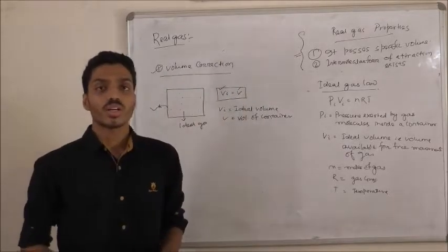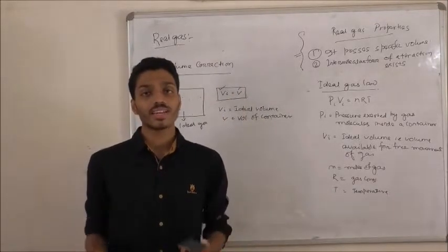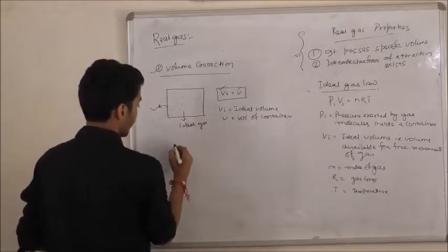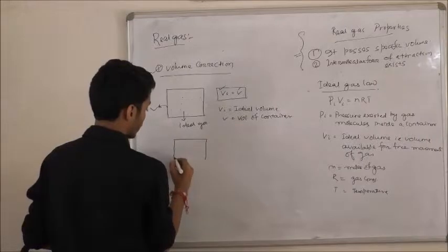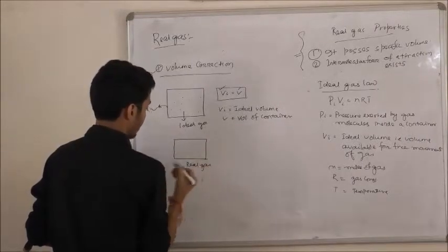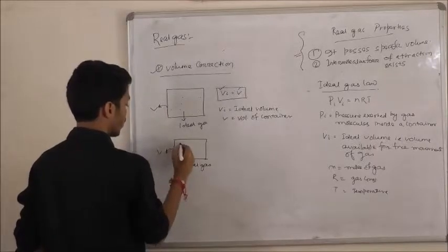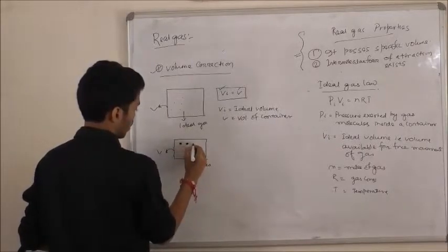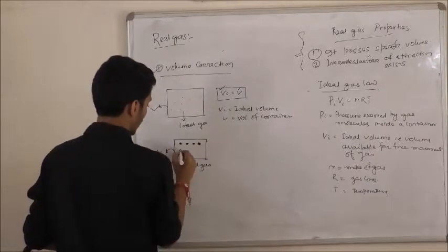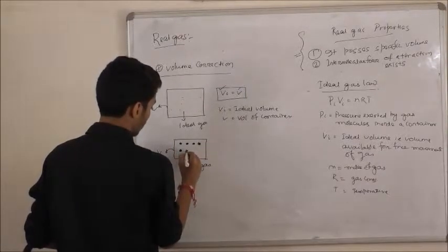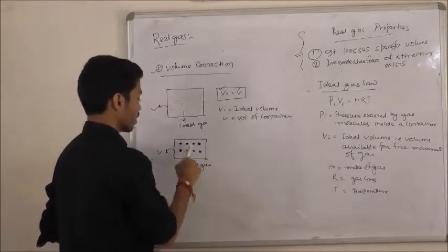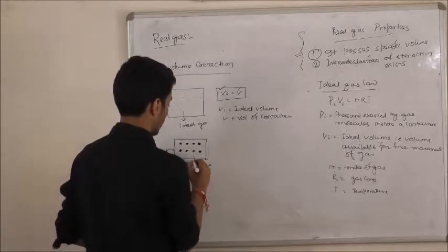Okay. Suppose now we take a real gas in a container of volume V. As you know, real gas possesses some specific volume. These molecules are bigger, I mean, we can think like that. So these are the real gas molecules.